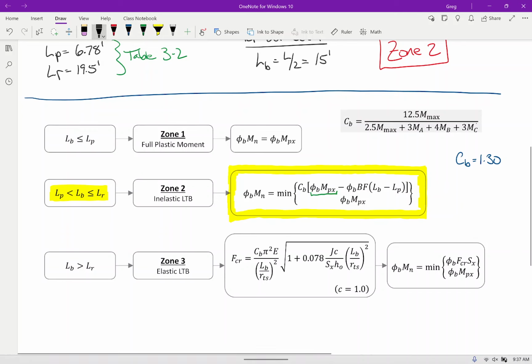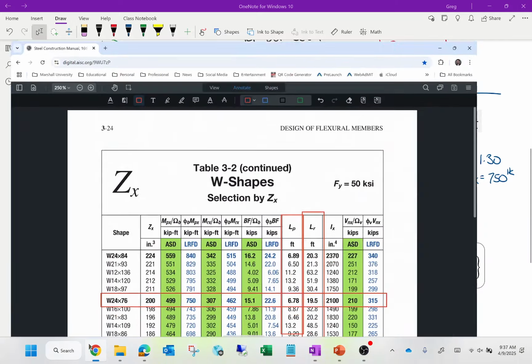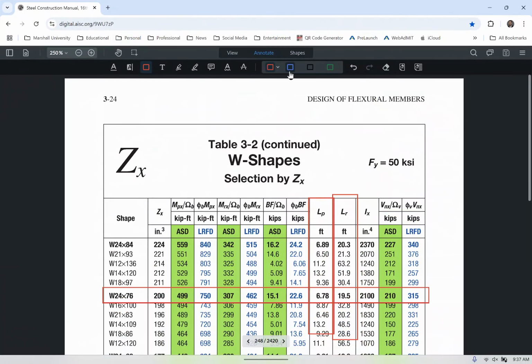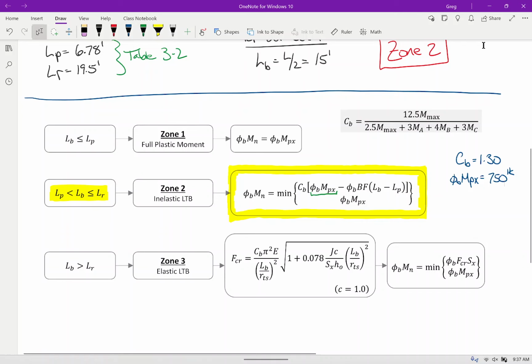What is Phi Mp, and where do we get that? We just look it up straight from table 3.2. So I'm going back here and saying, I need Phi Mp. What else do we need?